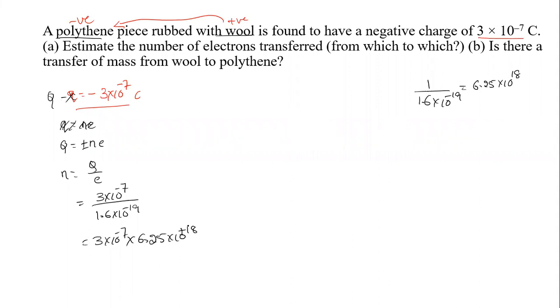If you multiply these two, you get 18.75, so that is equal to 18.75 into 10 power 11, because 18 minus 7 is plus 11. So these are the number of electrons transferred from wool to polythene. That is the A part of the question.